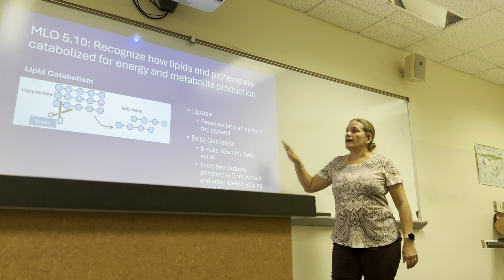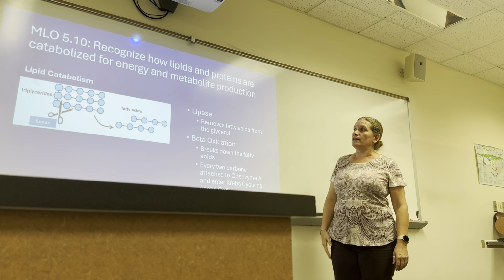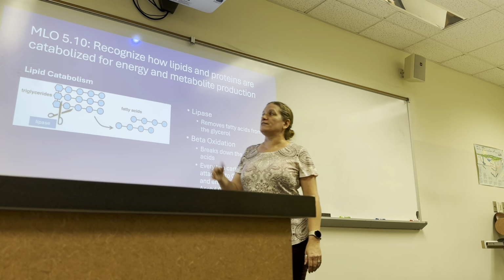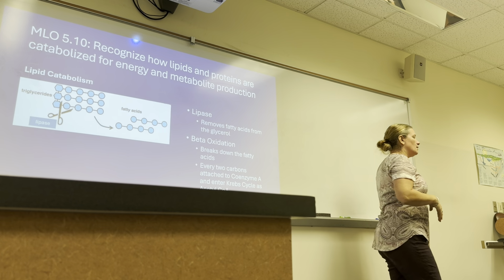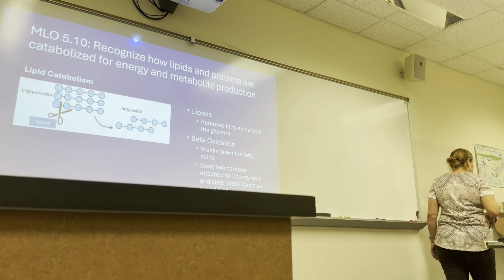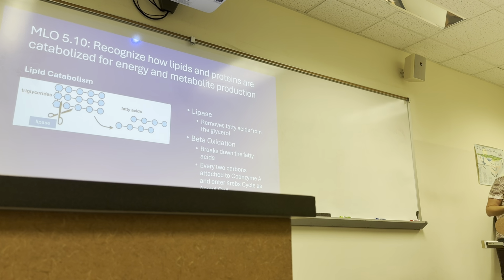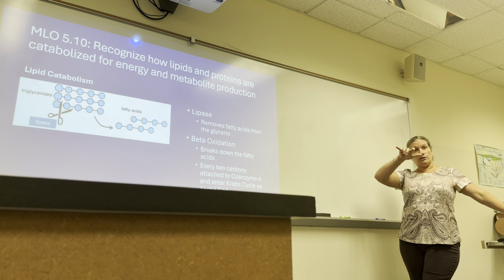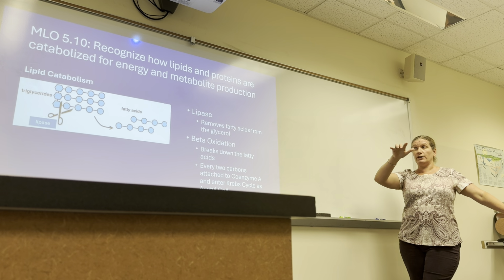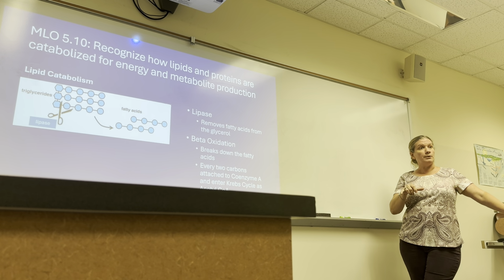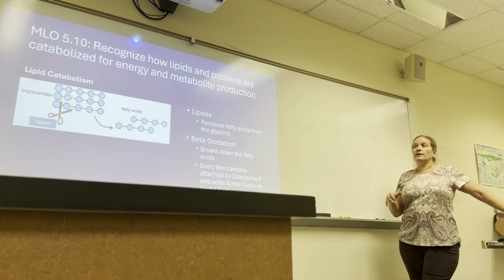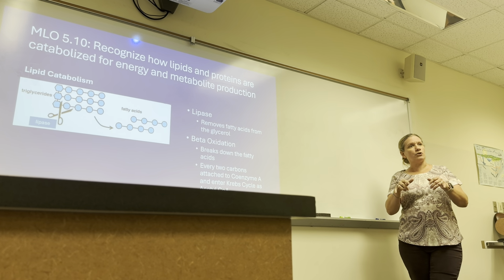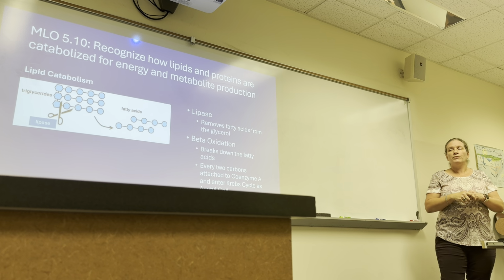So we have the enzyme lipase that is going to remove the fatty acids from the glycerol, and the glycerol will enter into glycolysis as a 3-carbon molecule. It is going to enter right where the 6-carbon splits into two 3-carbons.